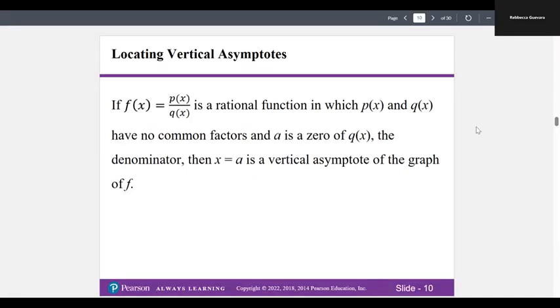So if f is p over q, a rational function in which p and q have no common factors. So that last case we saw, we had an x minus 1 on the top and x minus 1 on the bottom. That was a common factor. If we have no common factors and a is a 0 of your bottom polynomial, the denominator, then x equals a is going to be a vertical asymptote of the graph.